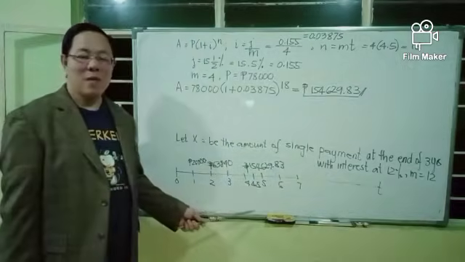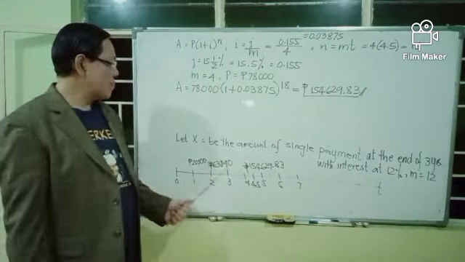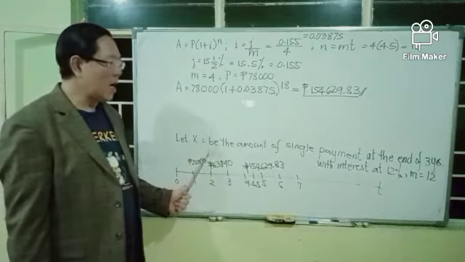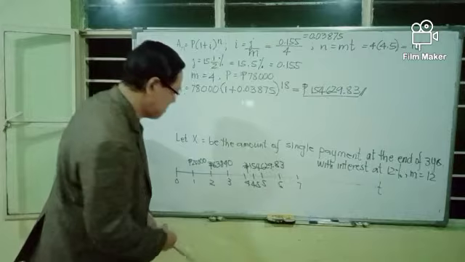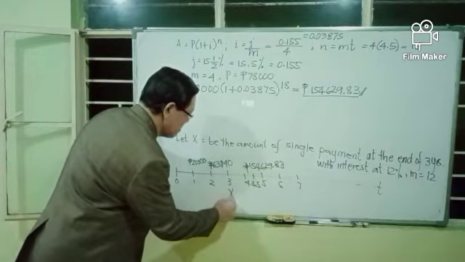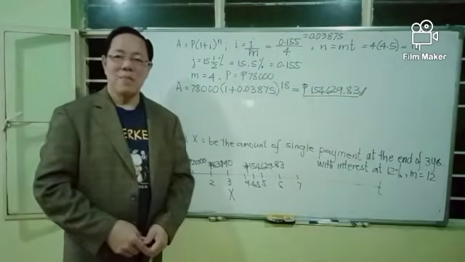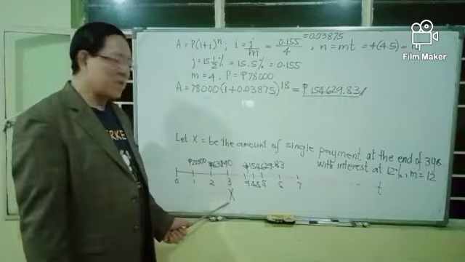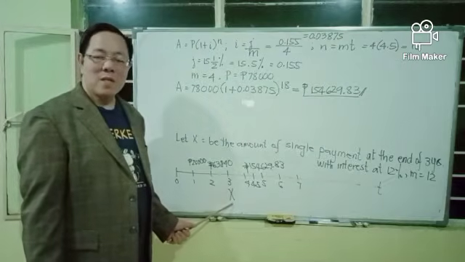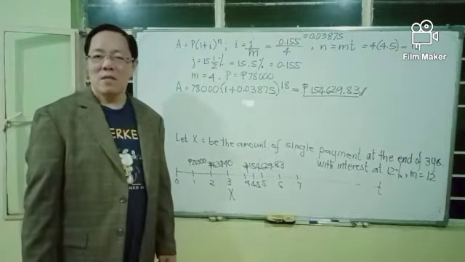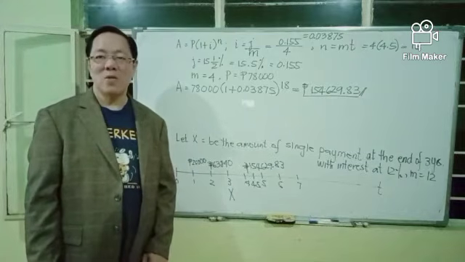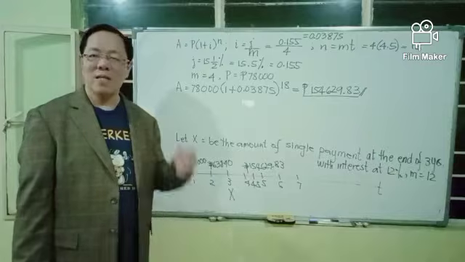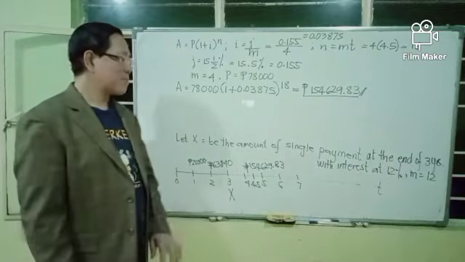And below the timeline, we write X, the amount of single payment at the end of 3 years. With this payment, all the 3 obligations will be cancelled. And we want to find the amount of this single payment at the end of 3 years.